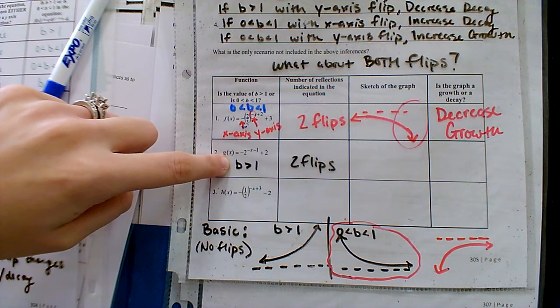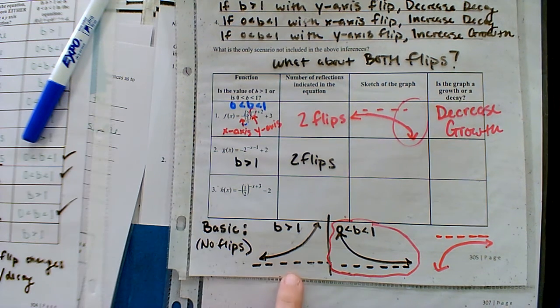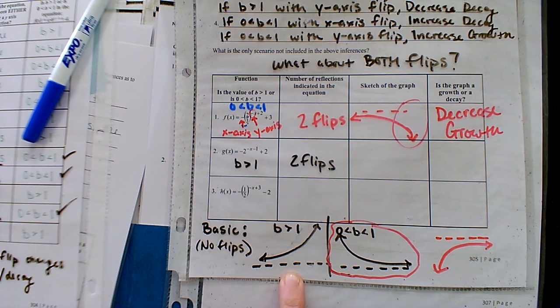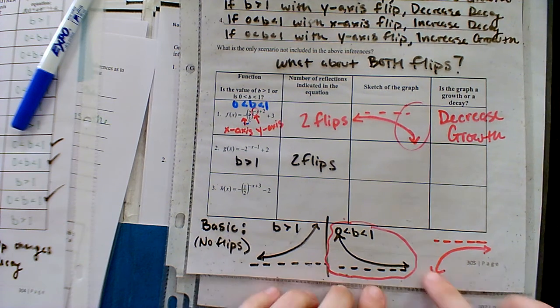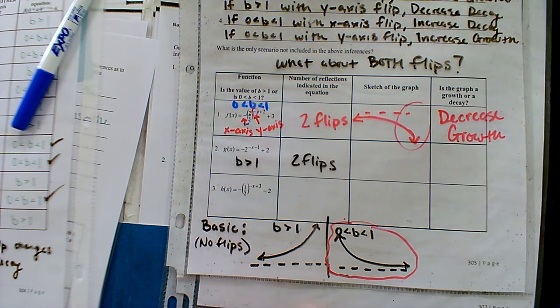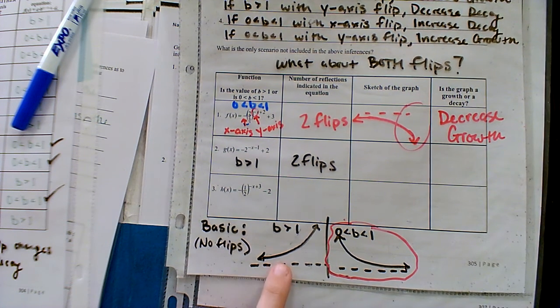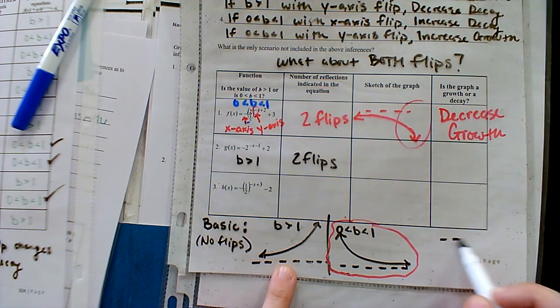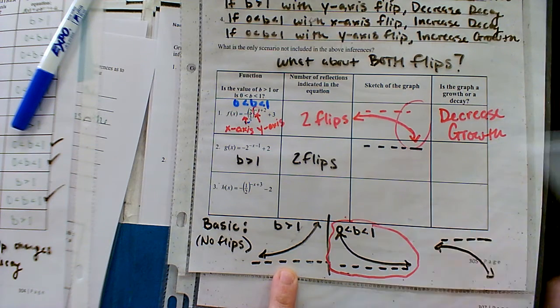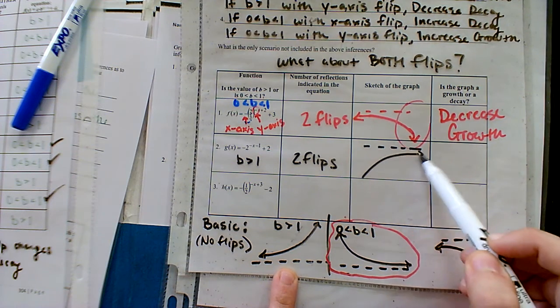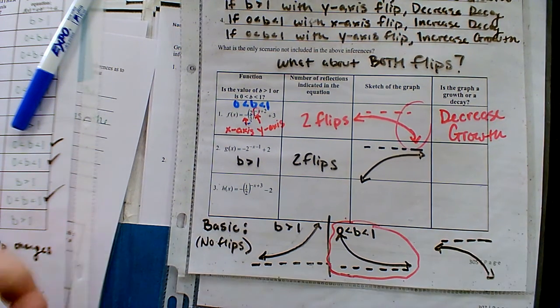The base is bigger than 1, so we're going to start with this increasing growth graph, but now we have to take this graph and flip it both ways. So let's see what that's going to look like. If I take this basic graph and flip it upside down, it's now going to look like that. And if I take this graph and flip it left and right, it's now going to look like that.